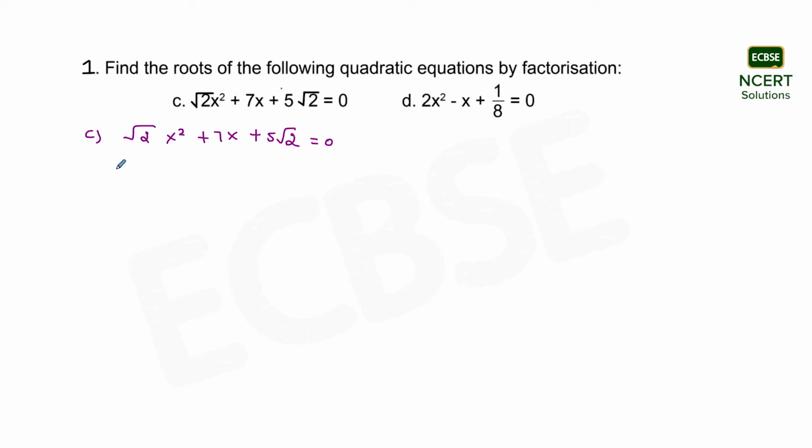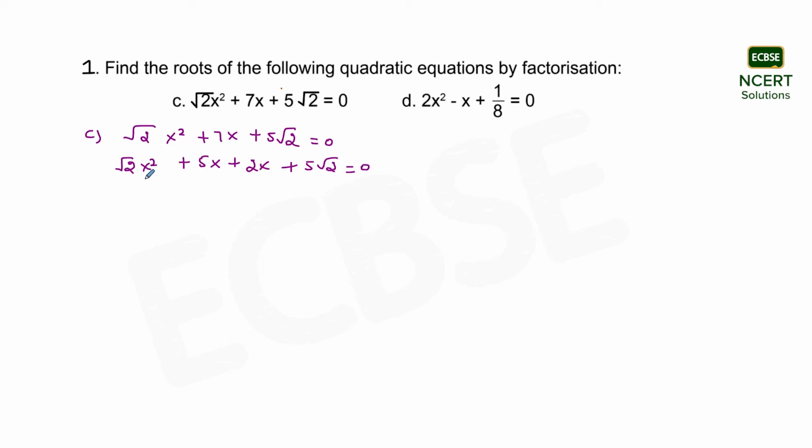So the middle term will be split in such a way that here I get the two terms 5x plus 2x, as clearly their sum comes out to be equal to 7x and its product is equal to 10x square, same as that of the terms, that is a into c. So here I'll be writing the third term now, that is 5 root 2 is equal to 0.